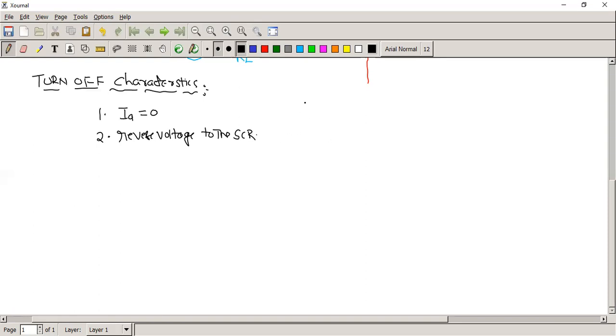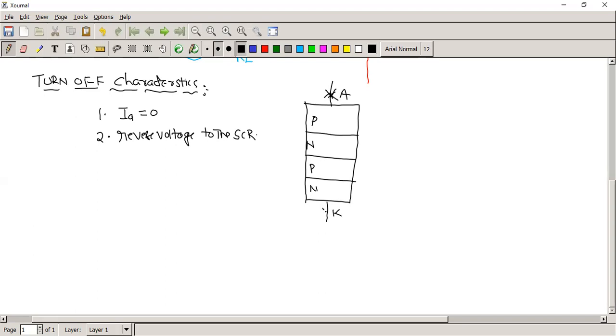See here, we are taking the same diagram, this is the PNPN structure of the device, anode, cathode. This is the direction.